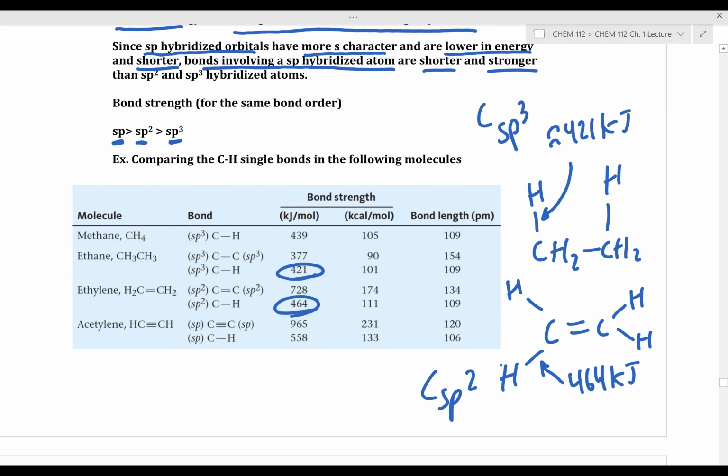Does that make sense to everyone? Okay, and that's because sp2 orbitals are lower in energy. Okay, any questions on hybridization effects on bond length and strength? Okay, let's keep going then.